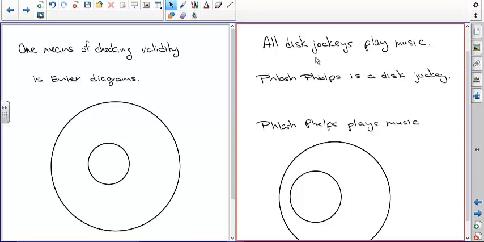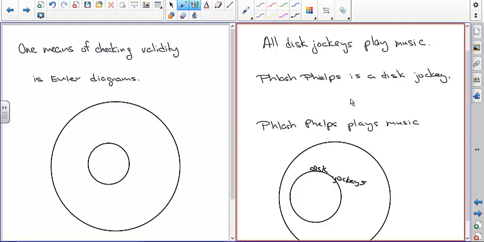So the way that we do this is the word all is associated with disc jockeys. So the part of the argument that uses all is the inner circle. I'm going to identify the inside circle as disc jockeys.